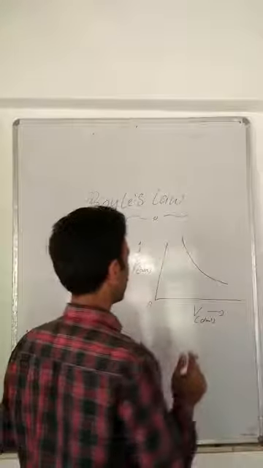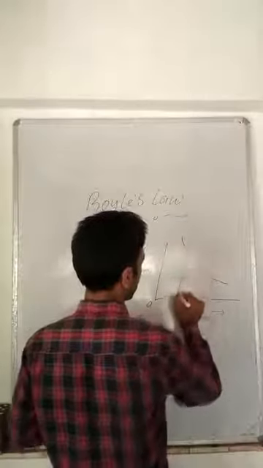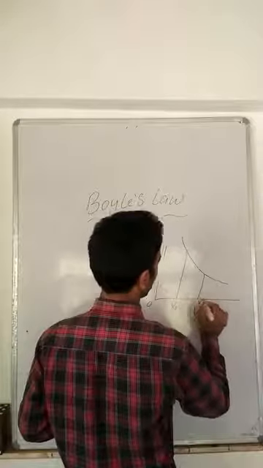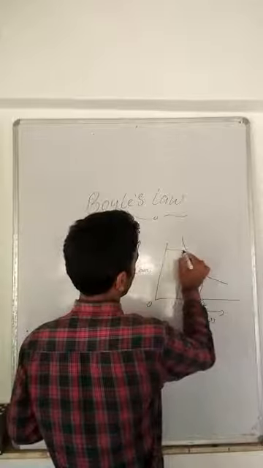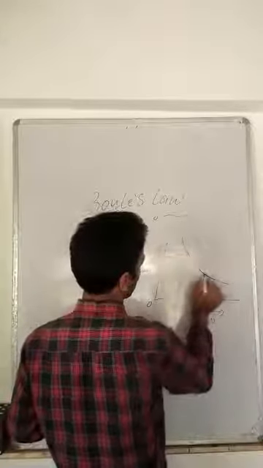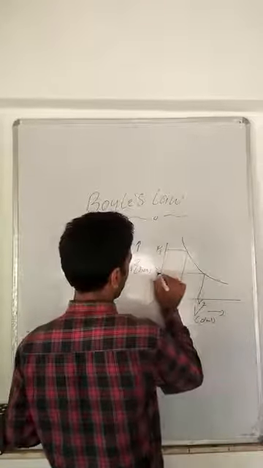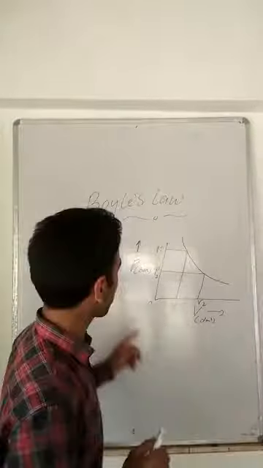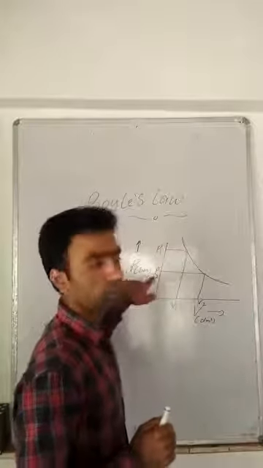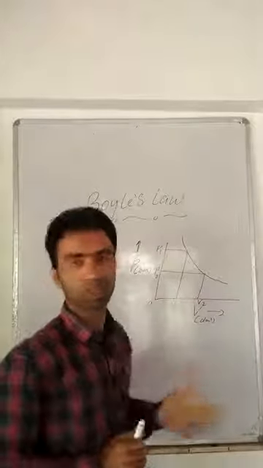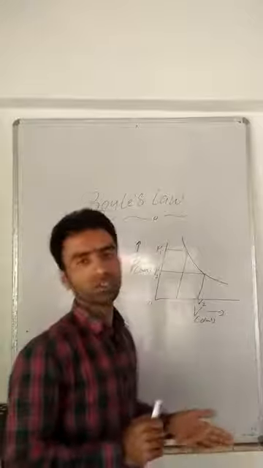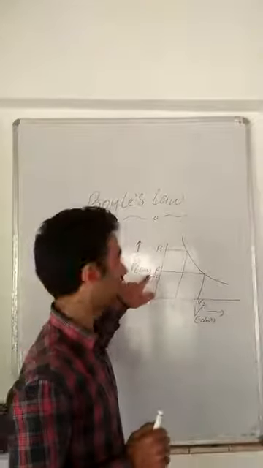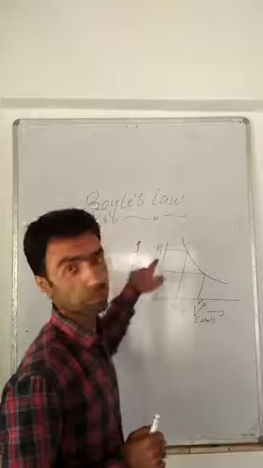So what is happening over here? Let us suppose this is the volume V1 and this is the volume V2. The corresponding pressures will be P1 and here it will be P2, right? So what we notice in this graph is that in this direction I am increasing the pressure, and in this direction there is an increase in the volume. The value of P2 is lower than that of P1.